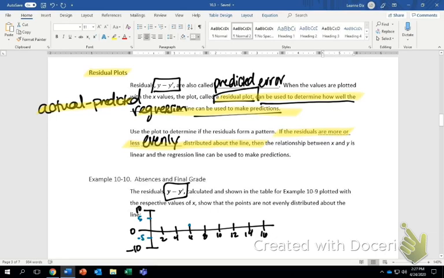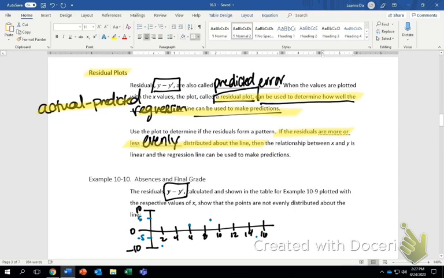If I missed 2 days, then it was negative 9, which is about down here. 15 absences would give me a difference of negative 5, so that'd be right around there. 9 absences would give me a difference of 4, so that's just under that 5 there.